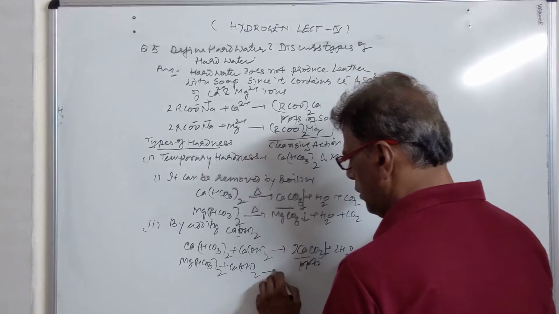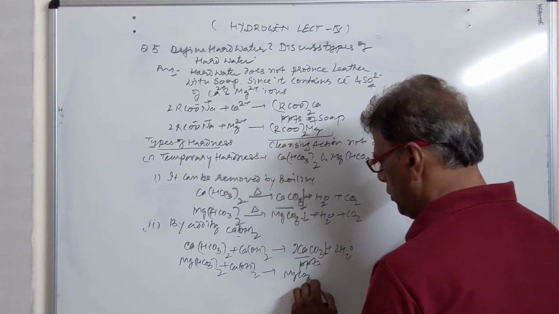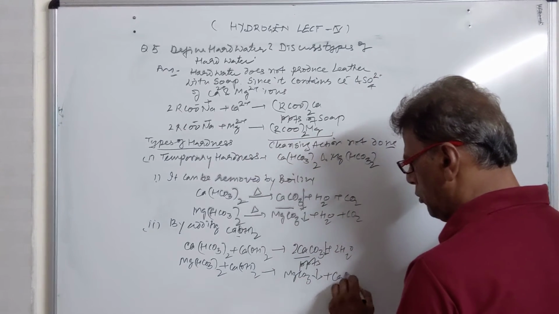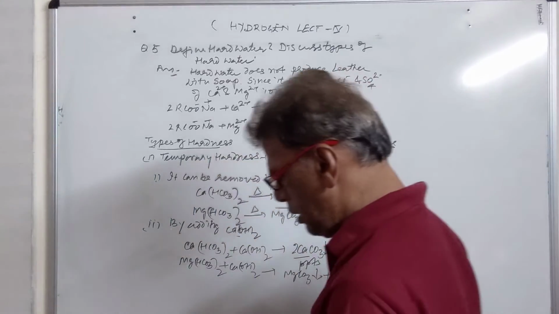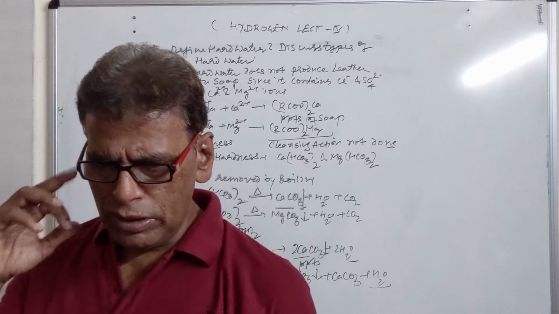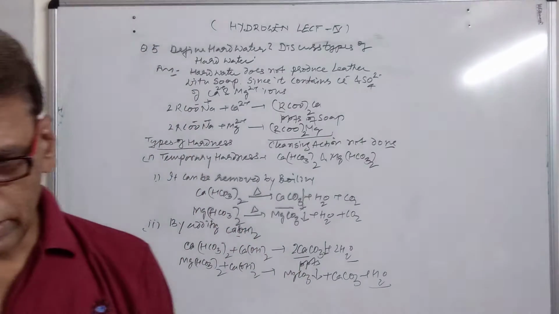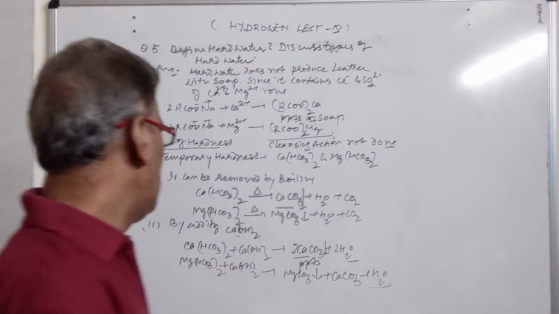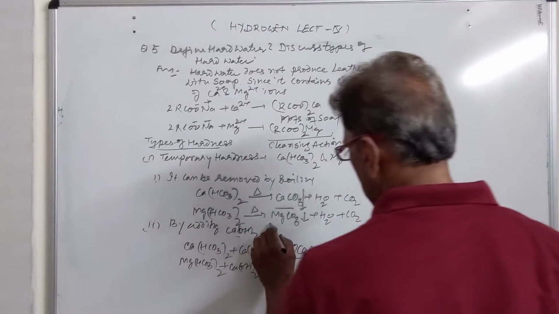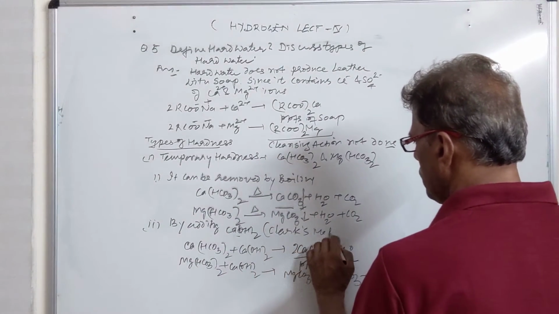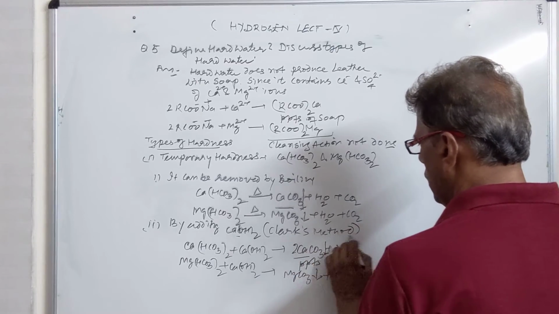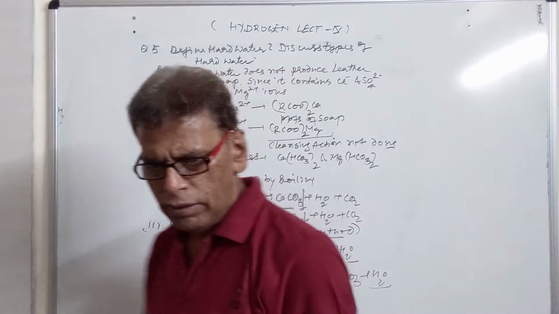We get MgCO3 precipitate settling at bottom, CaCO3 precipitate plus water. So this is our soft water, and the remaining salts in the form of precipitate are filtered out and thrown away. This method is also called the Clark method of converting hard water into soft water.